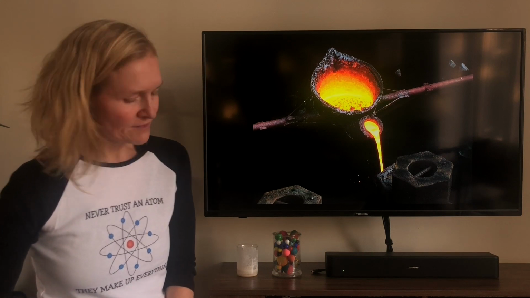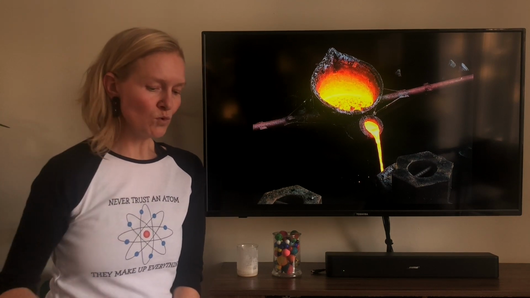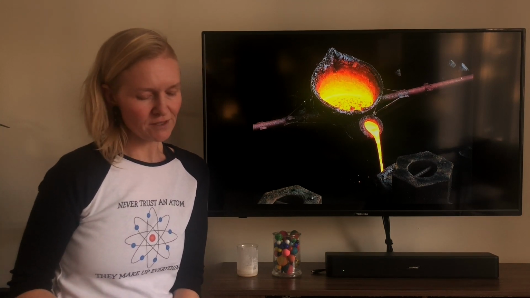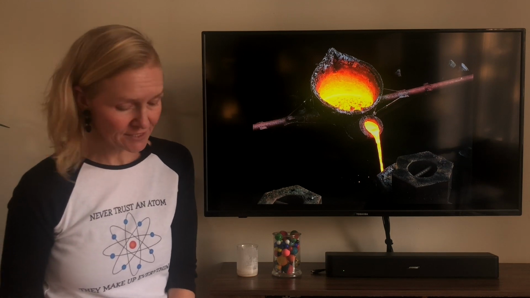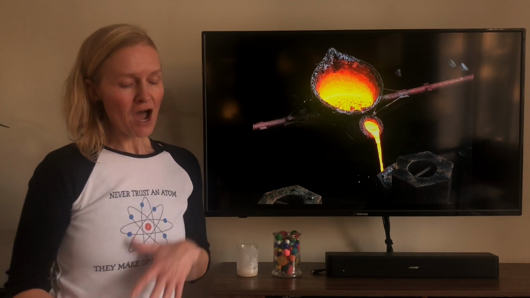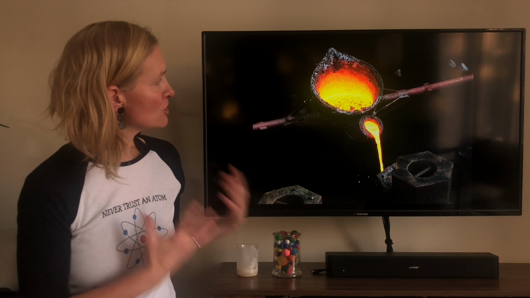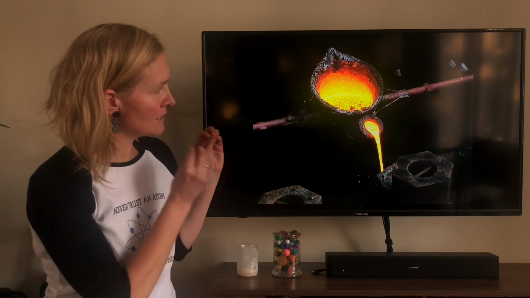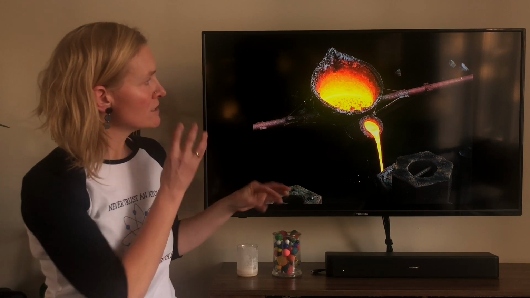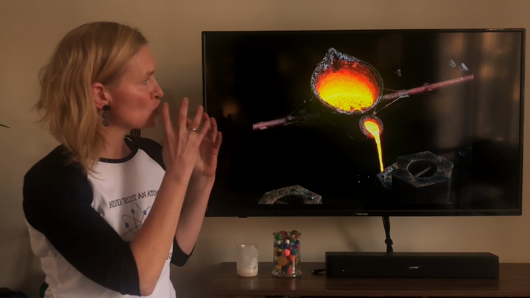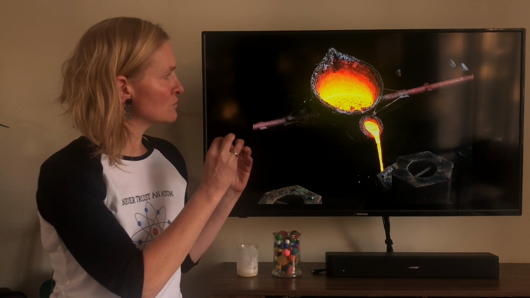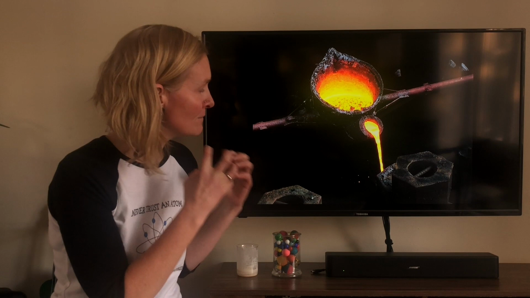So here again, we have that slide of the molten iron, the liquid iron. If this iron could actually be heated, this is just the liquid form. So this is just when the solid form of iron was heated up enough to become liquid.